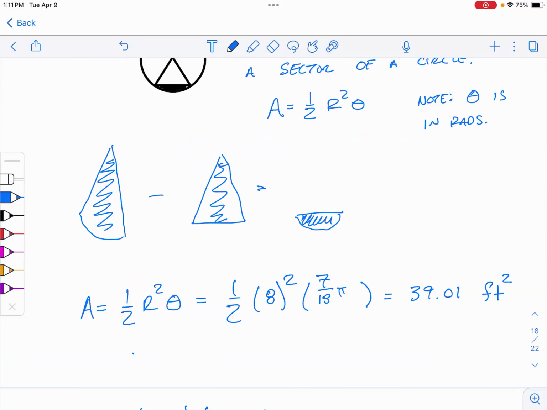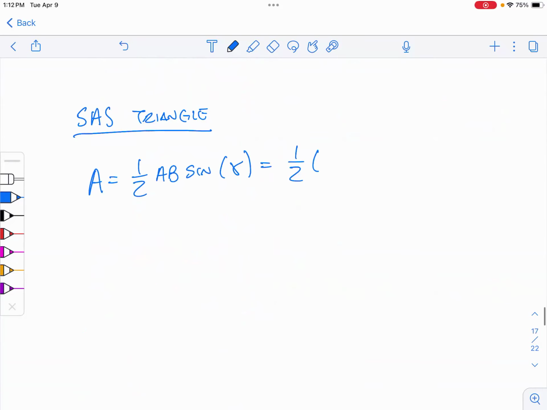The angle between is clearly 70 degrees. This side is 8 and that side is 8, right? When you're dealing with circles, the two sides always end up being an isosceles. And calculate away there.